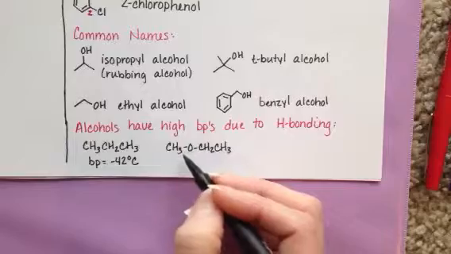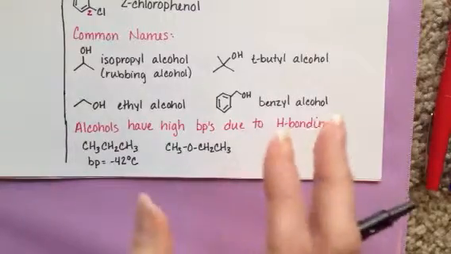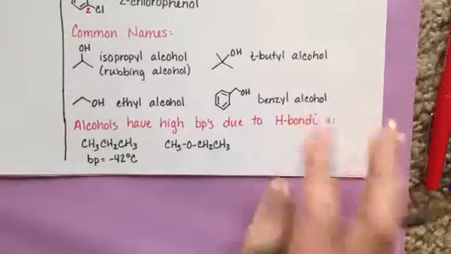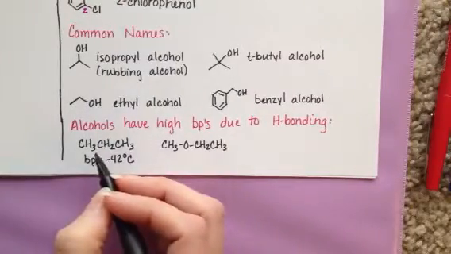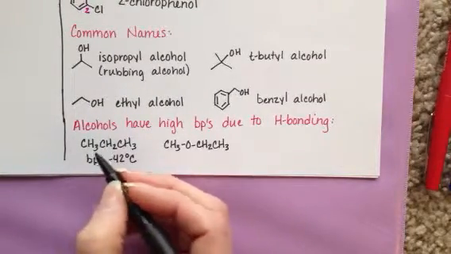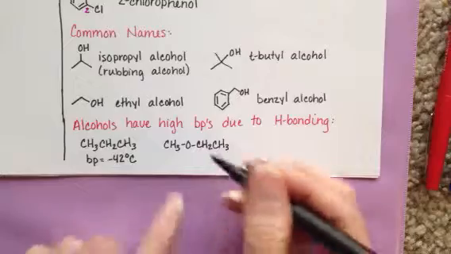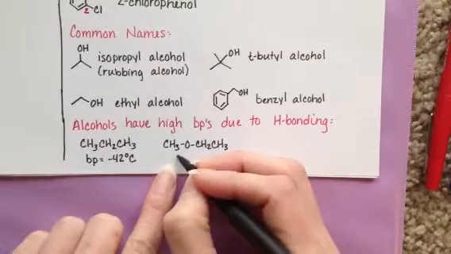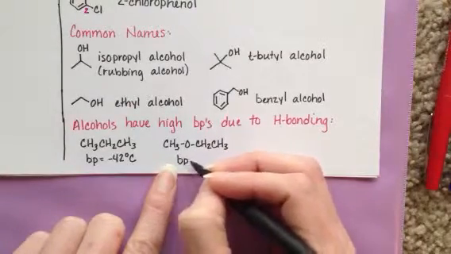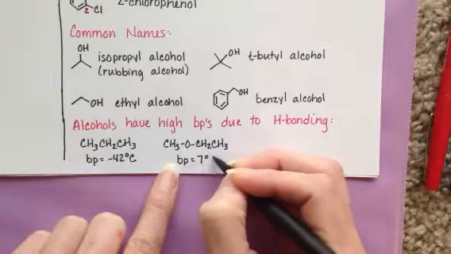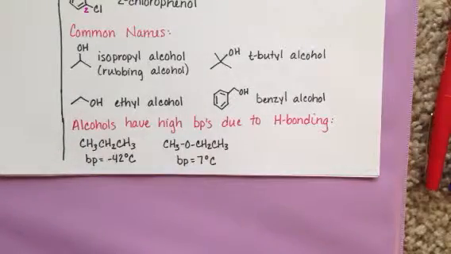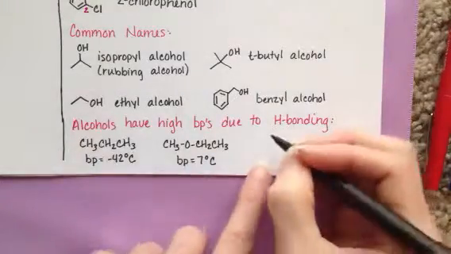It's got 1 extra oxygen in there, and the mass makes it a little higher, and also because the molecule is polar. Propane has just London forces in it. There isn't any polarity. This molecule is polar, so we would expect it to have a higher boiling point, and its boiling point, in fact, is 7 degrees Celsius, so that's pretty high relative to propane.